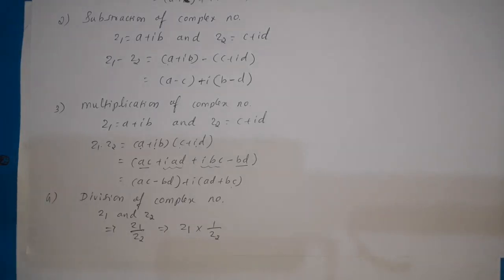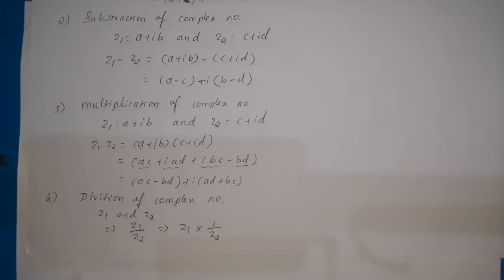Here we are not representing the complex number in the denominator. Therefore 1 by z2 is nothing but the multiplicative inverse of z2. So next we will discuss how to find the multiplicative inverse of a complex number.